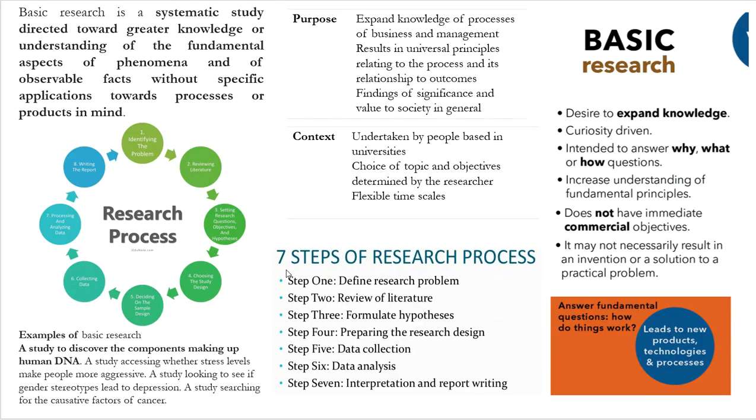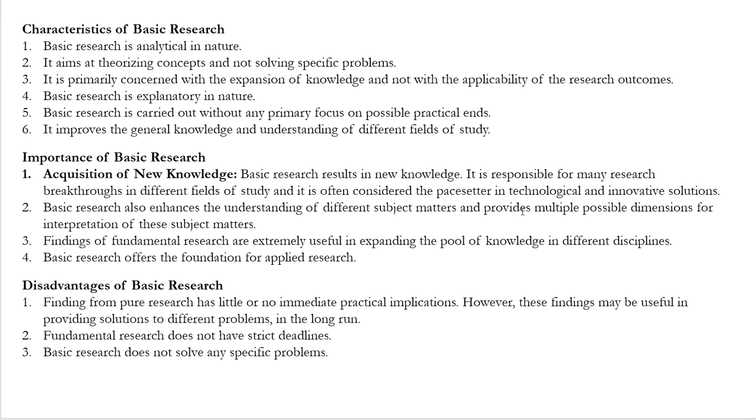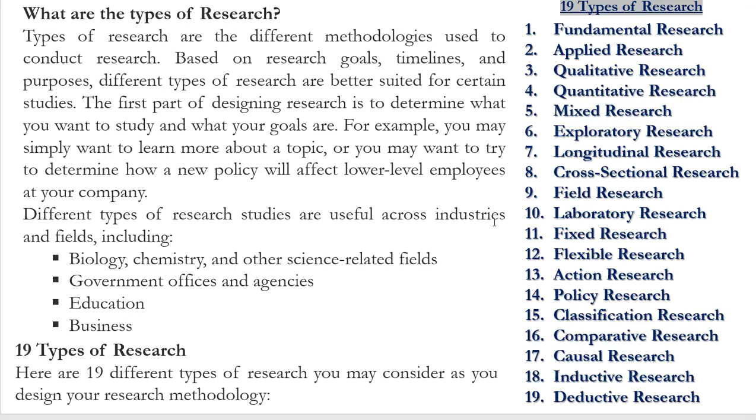Moreover, what is basic research, what is the basic research process, how many steps are there in the research process, what are the characteristics of basic research, what is its significant importance, and what are the disadvantages of basic research? Finally, thank you. We are going through the first one.